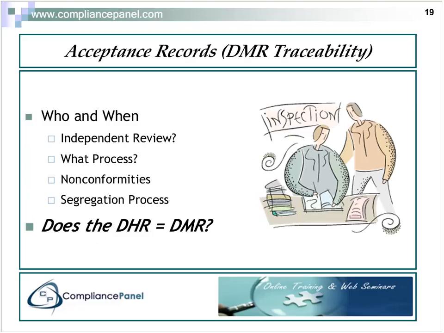What process was used when it was released? What happened to any nonconformities that were found during the manufacturing process that were repaired or reworked and went back into the device? And what is your segregation process that those went through? So all this would be part of your device history record. And again, the big key to all this is, does the DHR equal the DMR when you get to the end of the line?